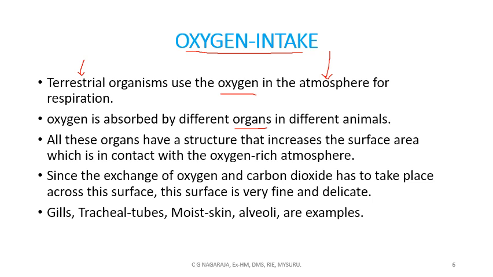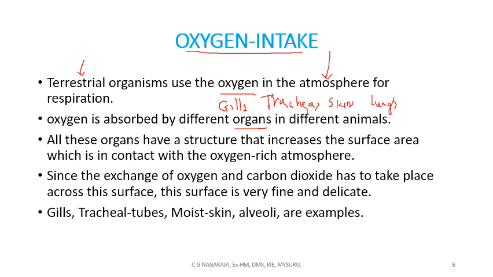For example, I told you already, gills in the aquatic animals will be helpful, and trachea, small tubes in the insects, will be helpful for absorption, and skin, moist skin in earthworm is very helpful. And then coming to human beings, we have the lungs, and inside the lungs, there will be alveoli.